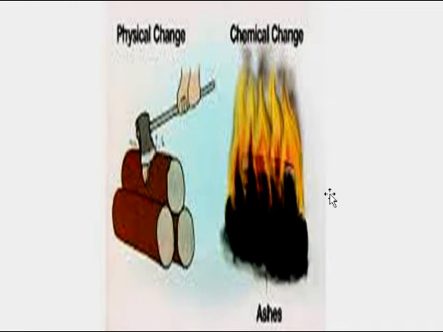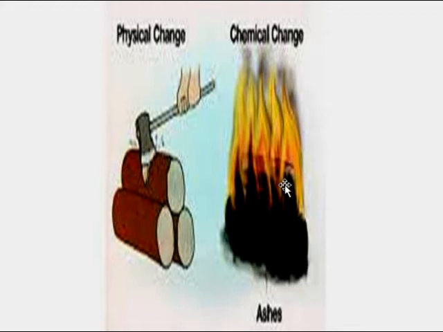What about chemical change? Chemical change is when the properties of the original substance disappear. So this is an original substance. It's wood, and we convert it to this ash, this black material, a new substance with different properties than the first substance we have.